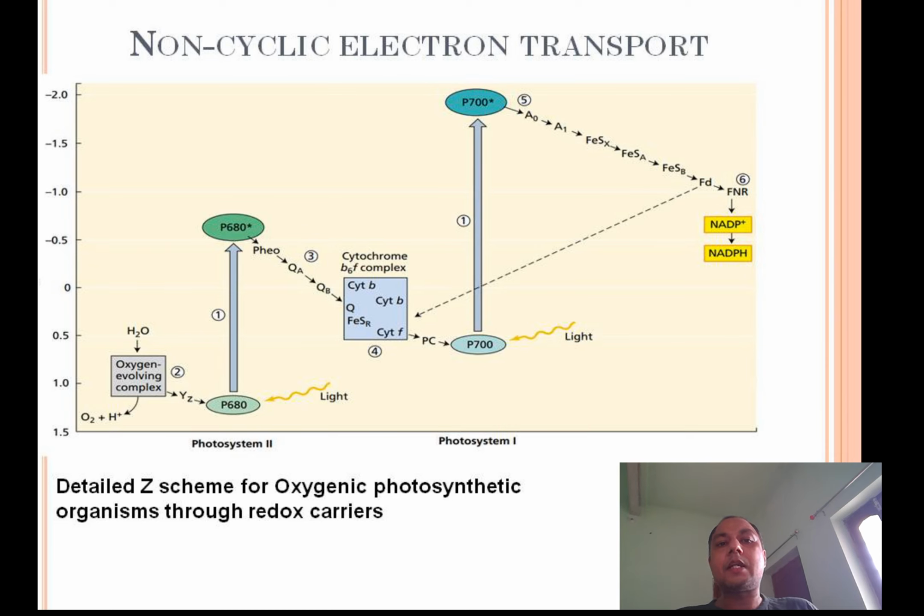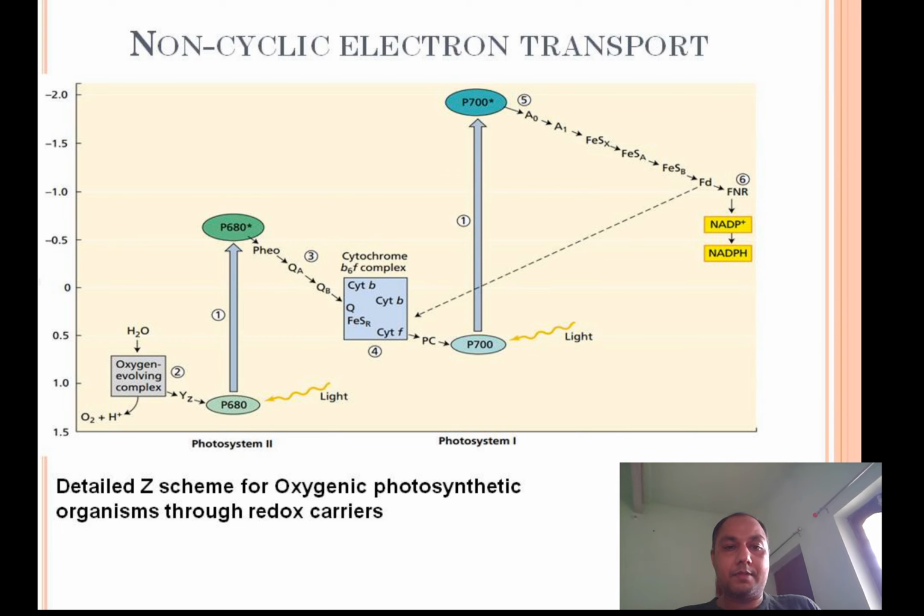These excited electrons are donated to pheophytin and A0, which is a kind of chlorophyll. Now there is a lack of one electron here and a lack of one electron there. That means P680 as well as P700 both get oxidized. They are not saturated with electrons; they each demand a single electron.